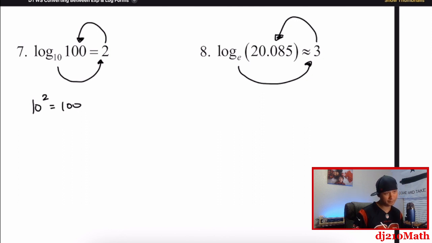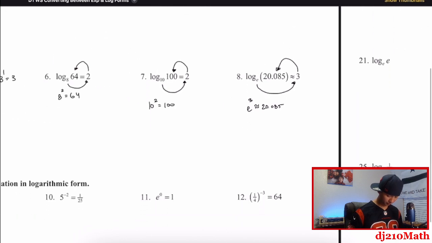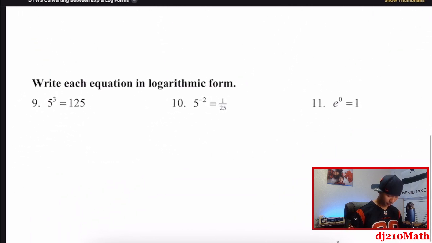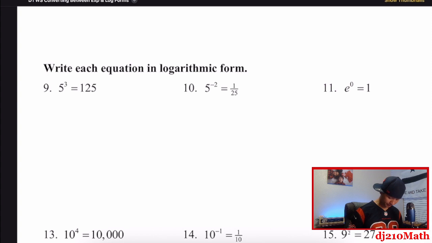Right? It's approximately because e is an irrational number like pi. It goes on forever. So e cubed is approximately 20.085. Okay.